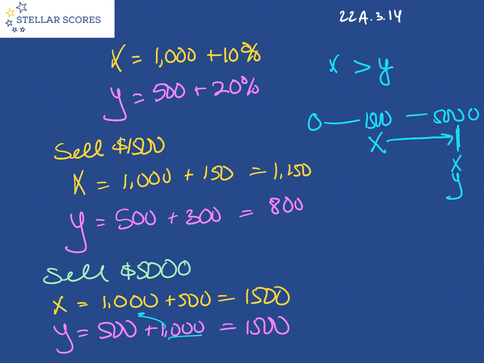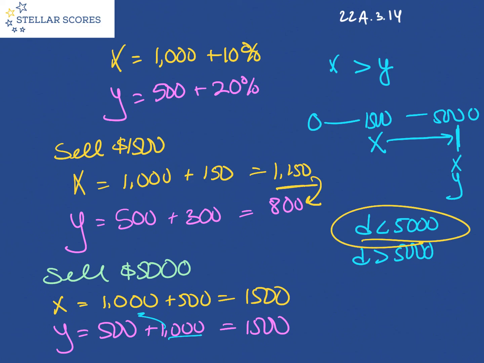But is the answer D is less than 5,000 or D is greater than 5,000? Remember that X is beating out Y, right? Up to 5,000. So anywhere where they sell less than $5,000 worth of stuff, X will earn more money on that commission structure. So it should be A, less than 5,000.